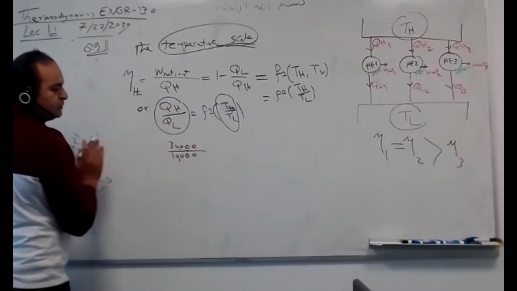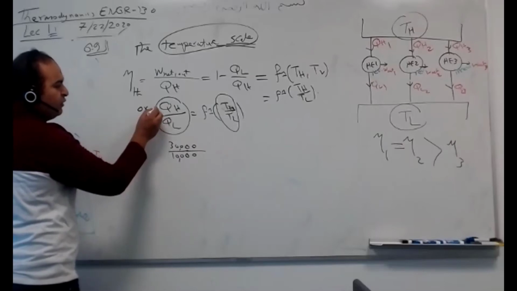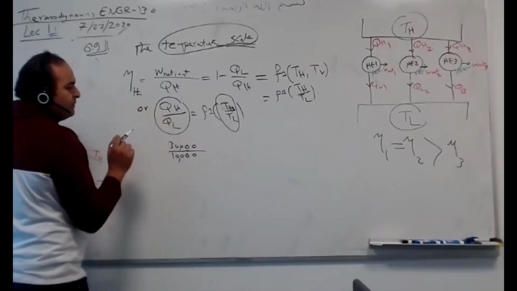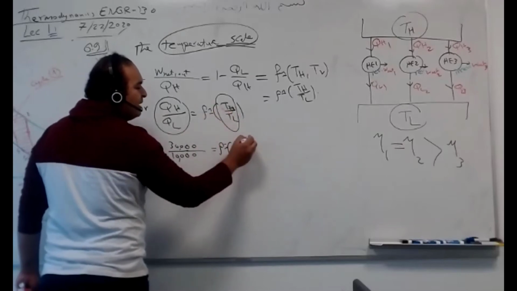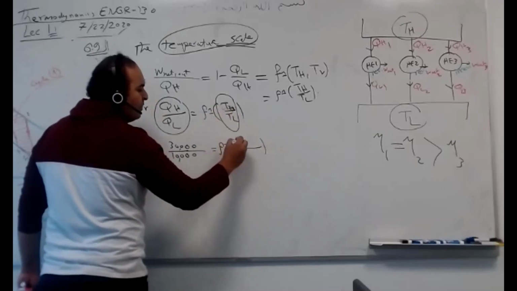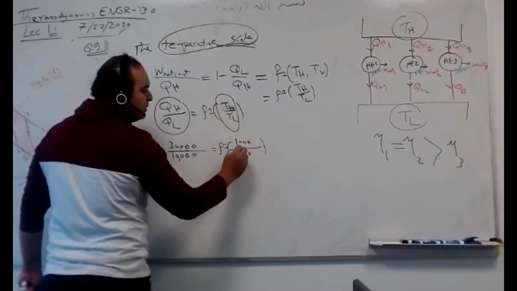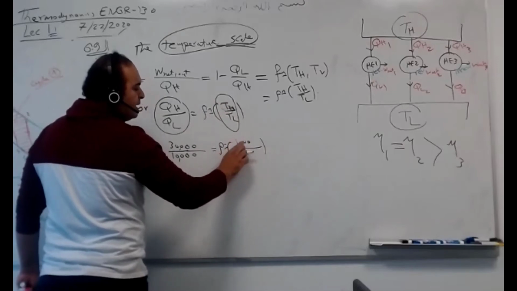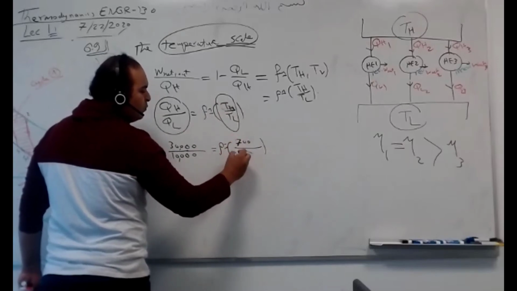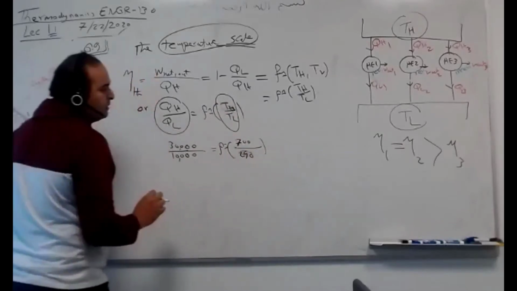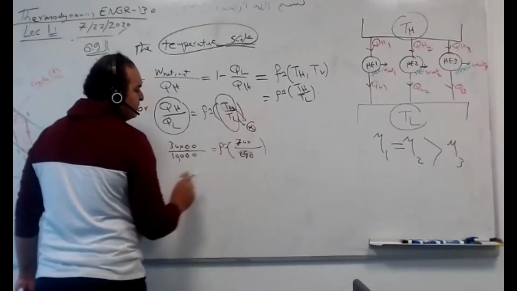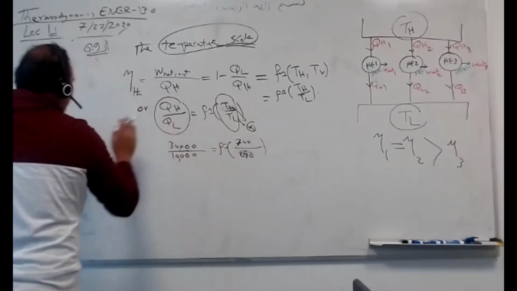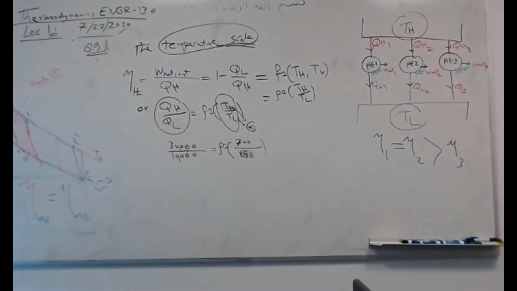This is a ratio. I don't care about the value of this or this. I'm talking about the ratio between them. They are a function of the temperature scale, let's say 1,300 or 700 and 290, for example, in Kelvin. Of course, every temperature is in Kelvin. This is in Kelvin, this is in Kelvin. So the ratio between the heat high and low is a function of this.